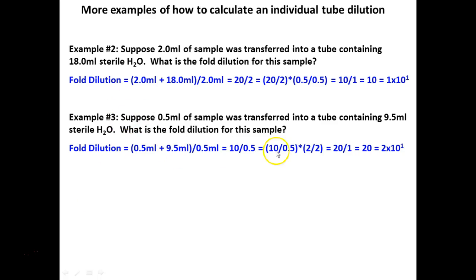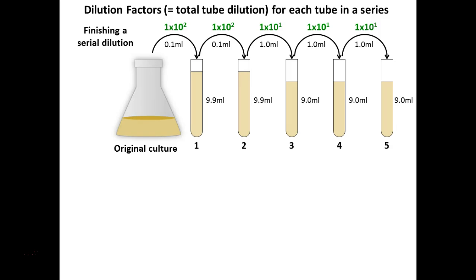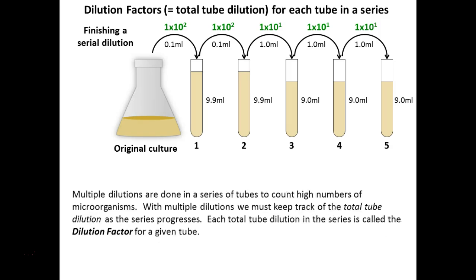So 10 divided by 0.5, if you multiply by 2 to make it 1 at the bottom, it actually ends up being 20. 20-fold dilution. As long as you set it up right, do your total divided by your volume transferred, then you'll always get it right. And you can use your calculator if need be. This one you definitely will want for some of us that aren't very good at dealing with fractions and whatnot. Just use your calculator.